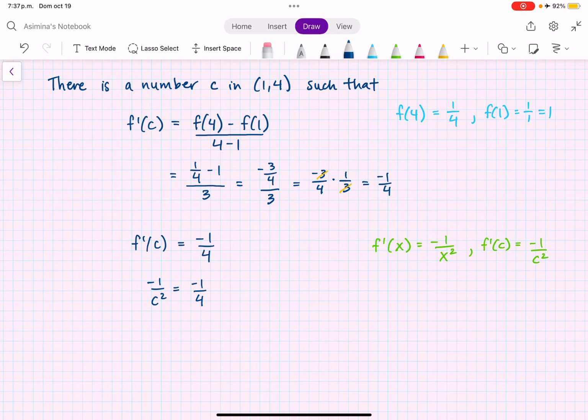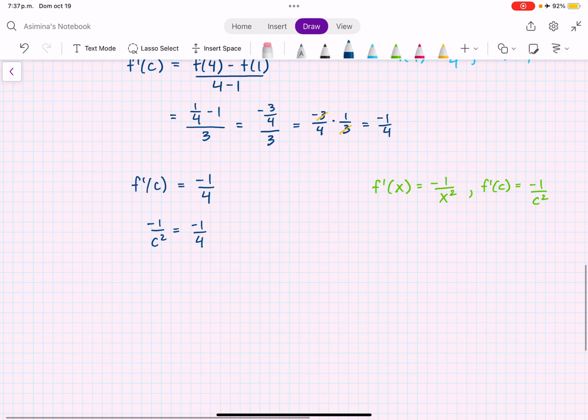Now I can multiply both sides by 4 and multiply both sides by c squared, and get rid of the negative signs from both sides. And this becomes 4 equals c squared. Now I can take the square root of both sides and get that c equals plus or minus 2. Great. Now what do we know about c?